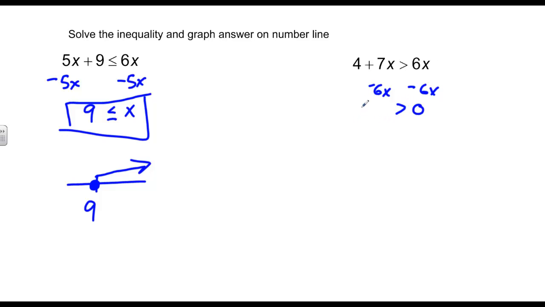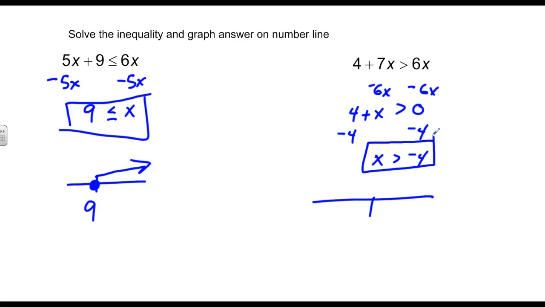This gives me 0 here and 4 plus x on the left side. And now I'm going to need to get x by itself, so I subtract 4 from both sides. And x is greater than negative 4. Well, here's negative 4. Once again, this is my algebraic solution. My graph, since it can't include the negative 4, is an open circle at negative 4, and I need to be greater than, and those move to the right.